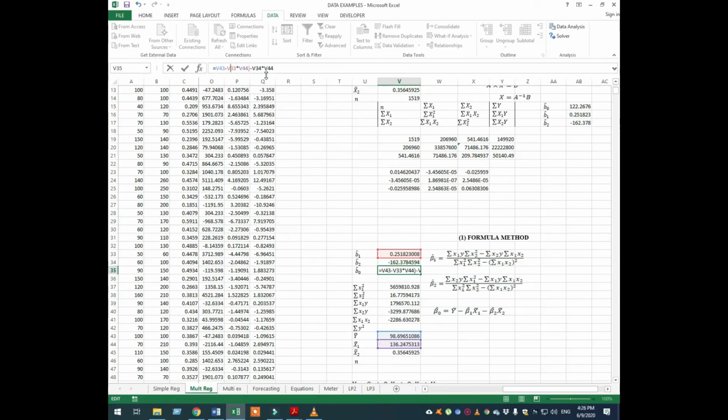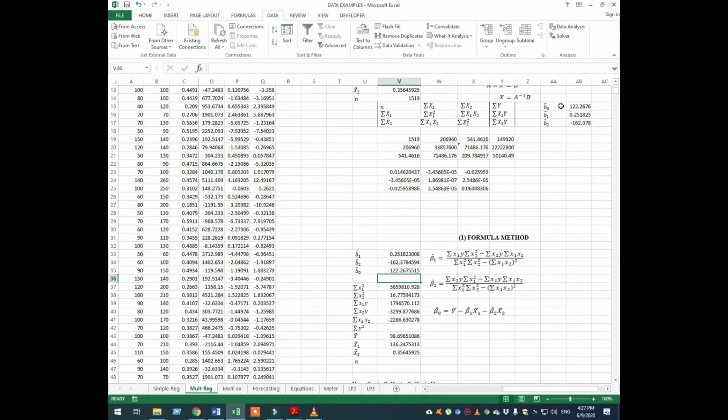If I use parentheses, let's see if it makes a difference. No, this is not the case of parentheses. There is something else. Let me check in detail. I think I have put the wrong value here for x1 bar. It should be x2 bar actually. Yes. So 122.2676 is the parameter estimate for the intercept.